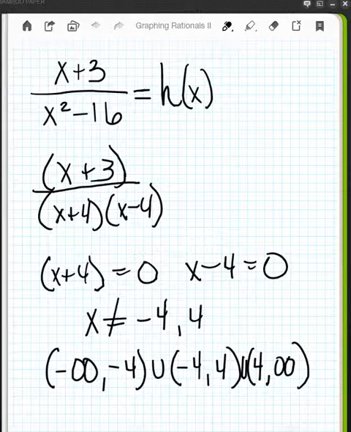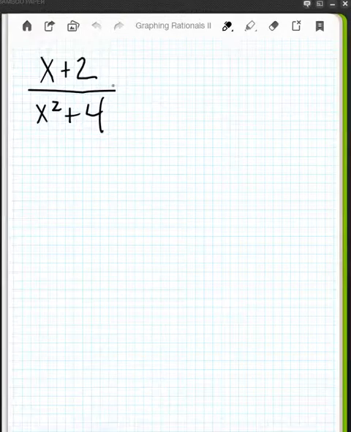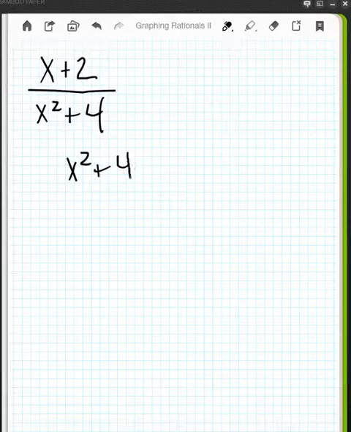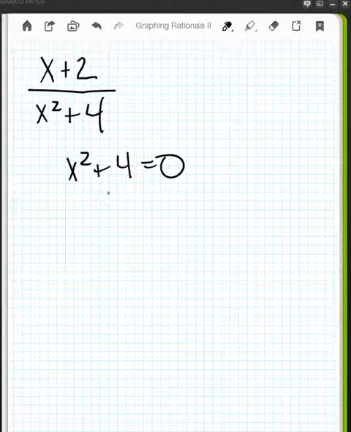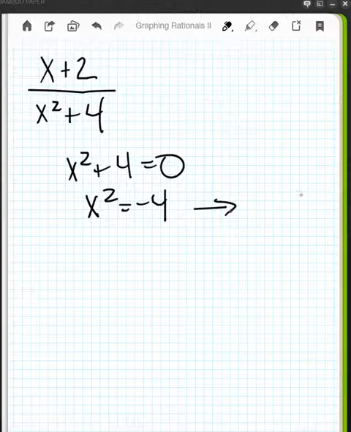All right, our last example for finding domain is we have a polynomial on the bottom. So we set that equal to 0, but then this is not factorable. And if you're not sure, if you let x squared equal negative 4, you would end up with plus or minus 2i.